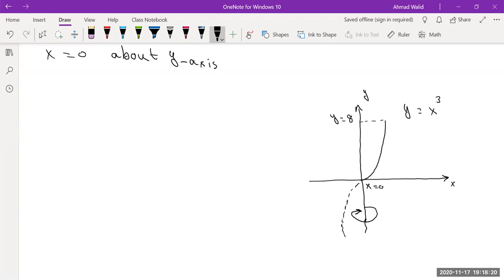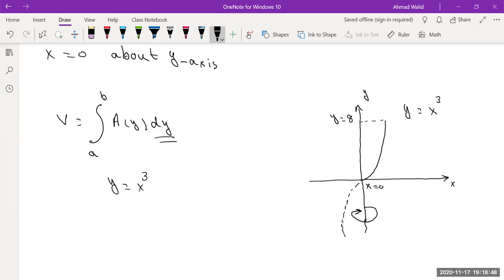Then I'll do here how to rotate about y. V equals integral from a to b. Remember, I explained to you, it should be dy now, right? Because you are rotating about the y-axis. But here I have y equal x cubed.